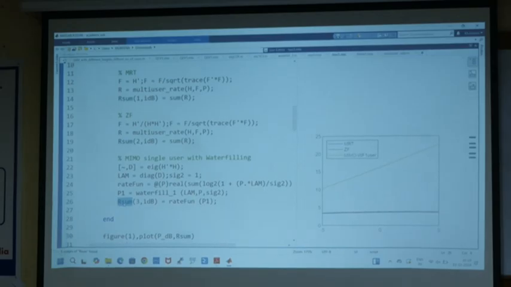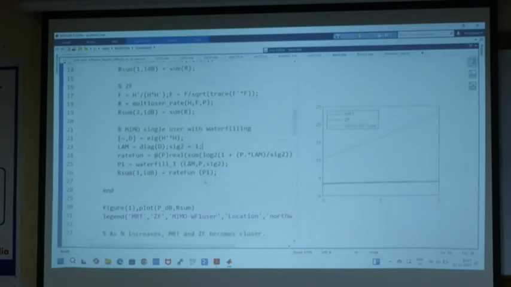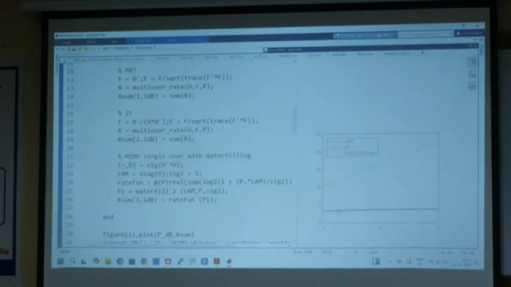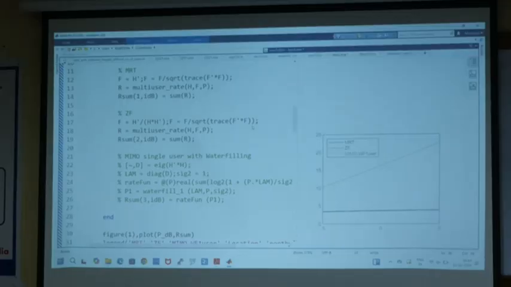What will be the rate? So we get something like this. This is not running, so let's comment this out for the moment and run the program.